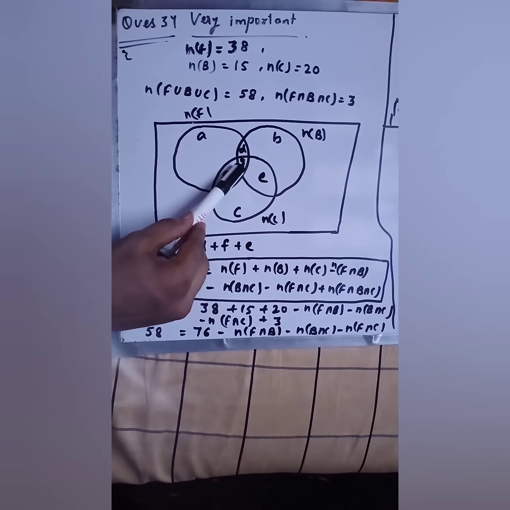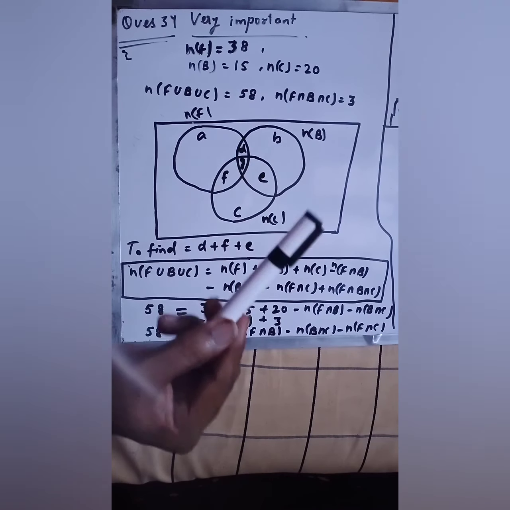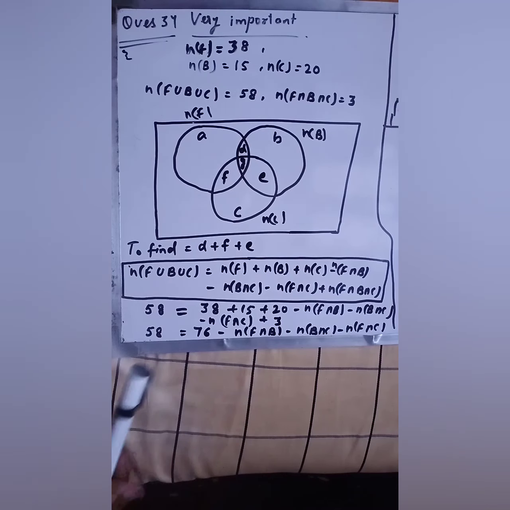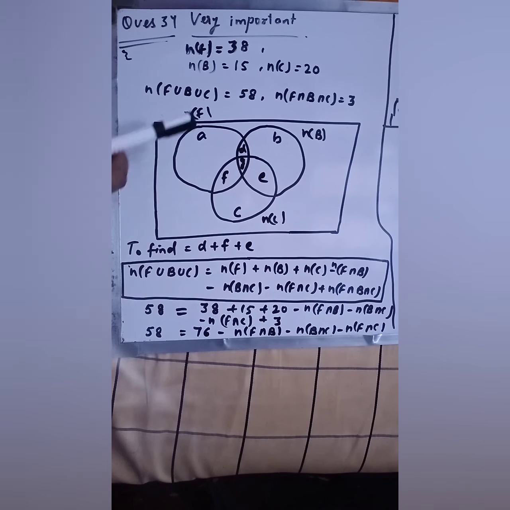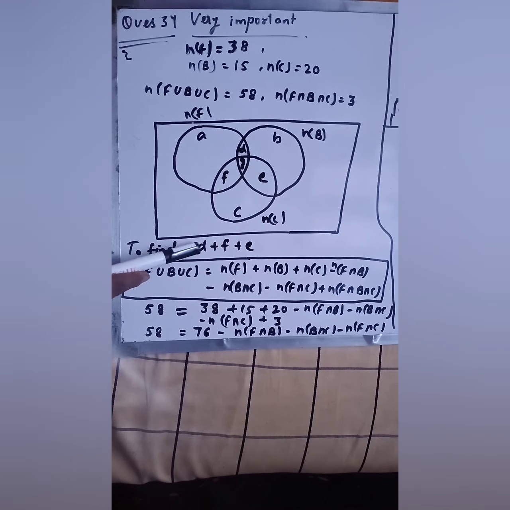You cannot take G, because G is the number of men who got a medal in all three sports. But we have to find the number of men who got a medal in exactly two sports. That means we have to find D plus E plus F. So this is what we have to find out.